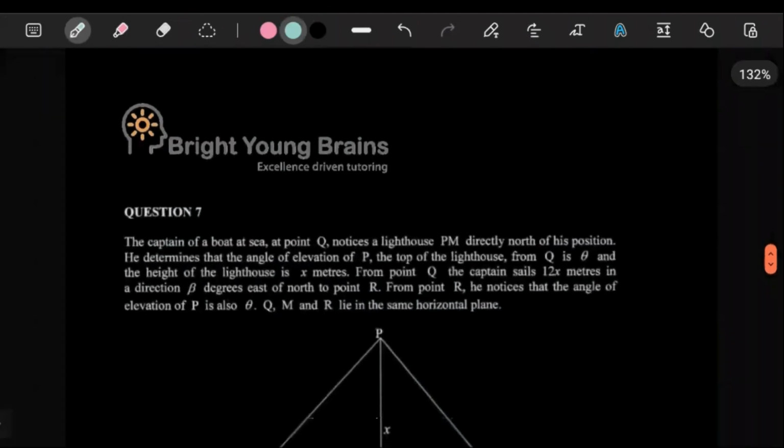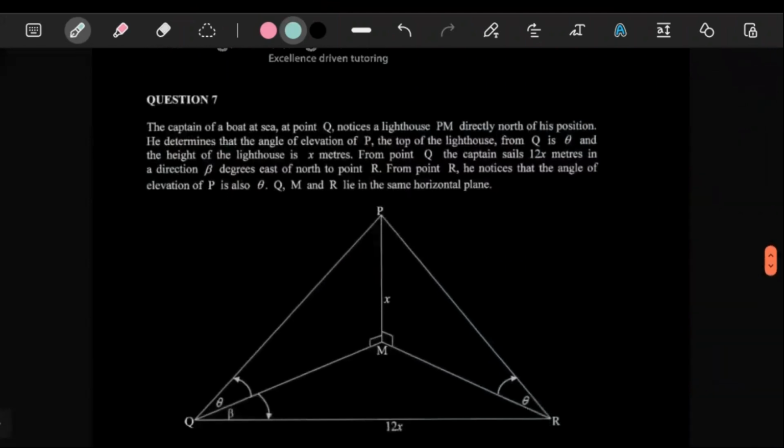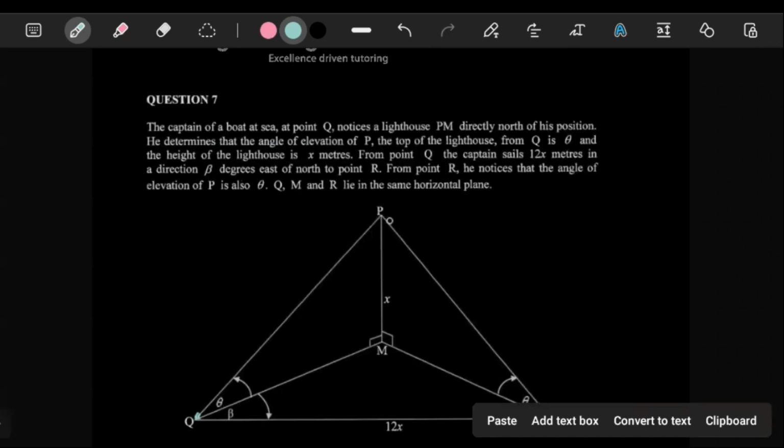It says here question 7. The captain of a boat at sea at point Q, okay, there's the captain. So the captain of a boat at sea at point Q notices a lighthouse, which is PM. So PM is the lighthouse.